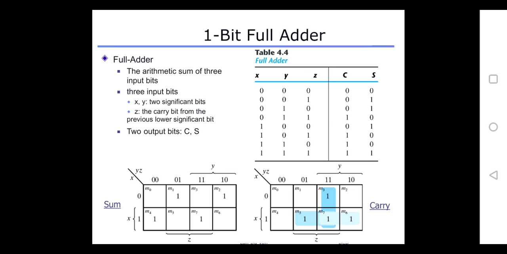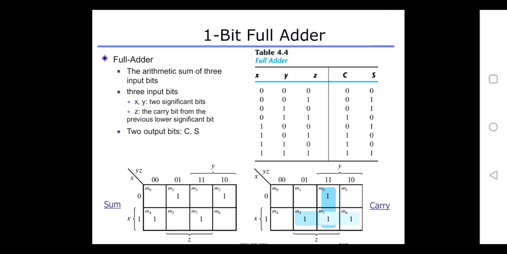But the addition needs to be performed bit by bit, meaning first perform x plus y, and the result should then be added with z. Whenever there is a difficulty, if there is more than one 1 at the input side, add those numbers in decimal, convert the decimal equivalent to binary, and write down the sum as well as carry in binary.